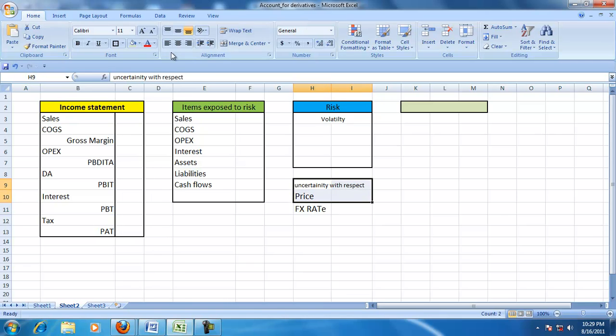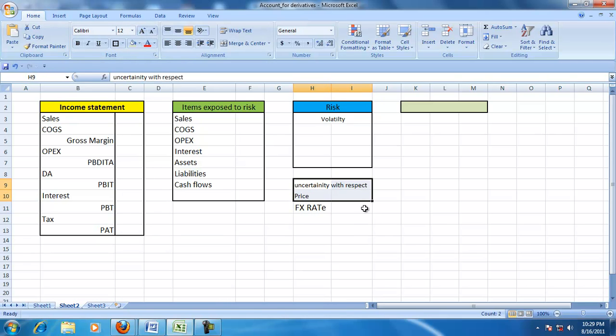Because of this uncertainty with respect to price and foreign exchange rates, these items are exposed to fluctuations, and these fluctuations arise because of the change in price or change in the foreign currency rates. Because of the volatility of these two items, the income statement items, the balance sheet items or cash flow items are exposed to risk, which we have seen here.